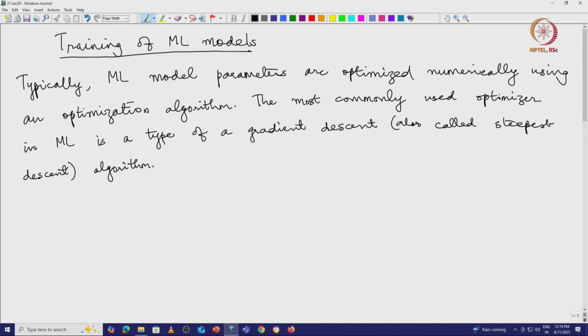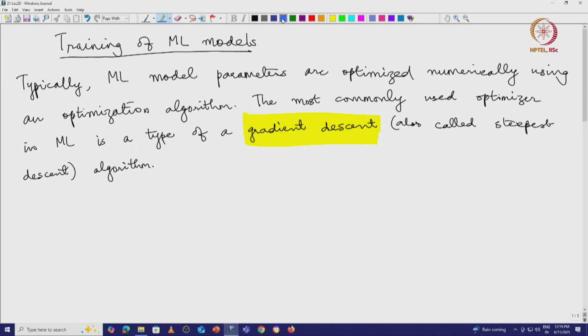So there are various types of gradient descent algorithms, right. Particularly some of them are called stochastic gradient descent, and those are the ones which are most widely used in machine learning, right. Now let's see how this gradient descent algorithm or the steepest descent algorithm works.